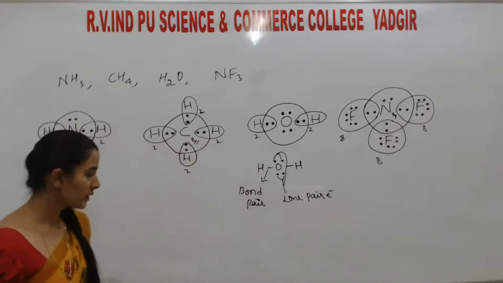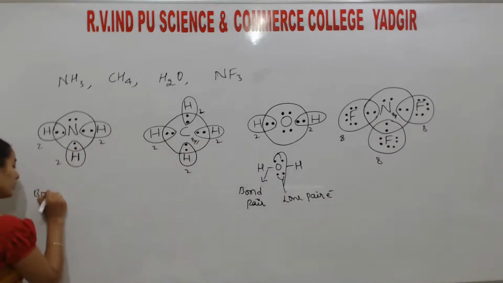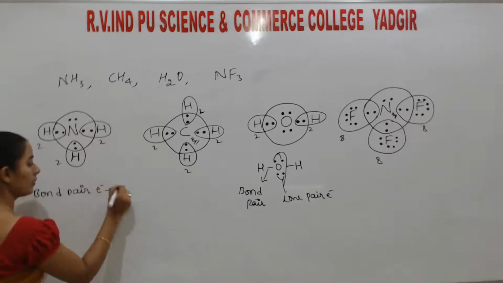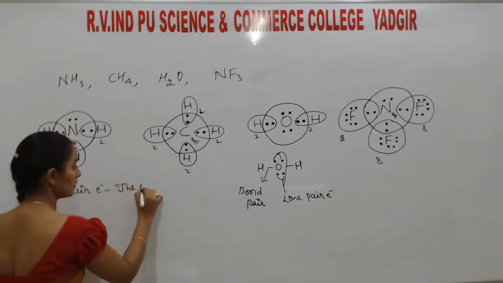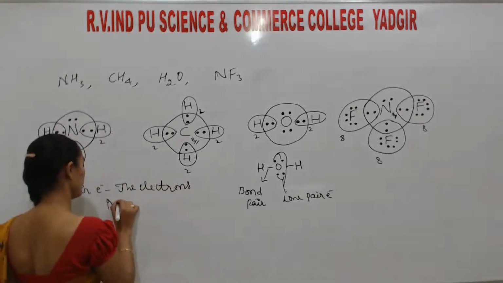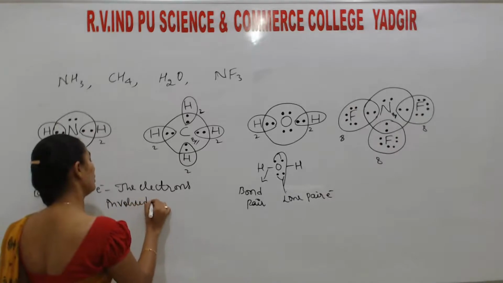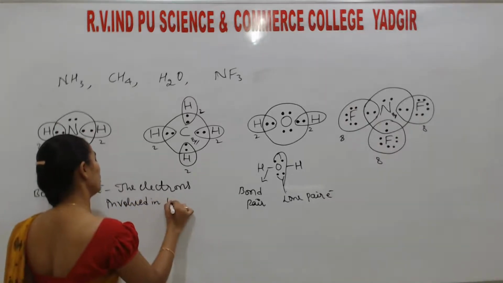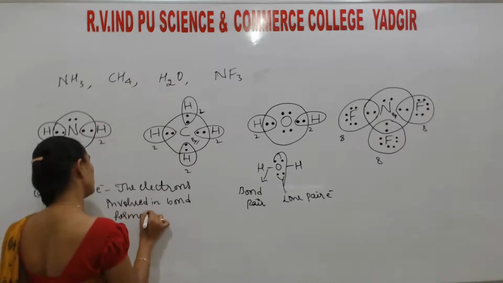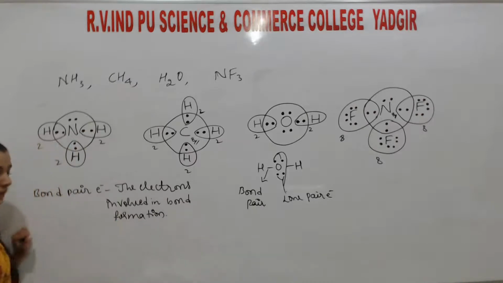Okay, what is lone pair and bond pair? Bond pair electrons means the electrons involved in bond formation are called bond pair electrons.